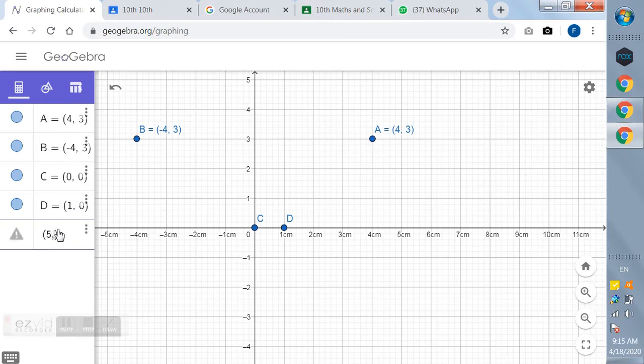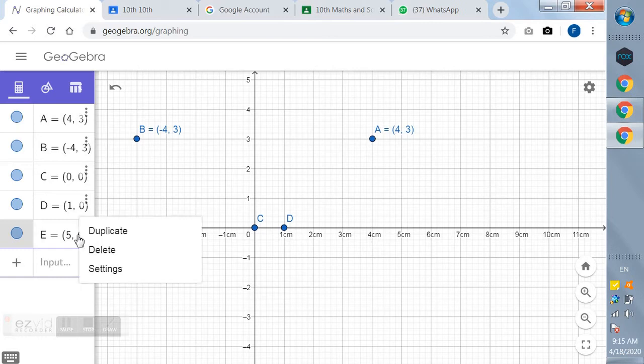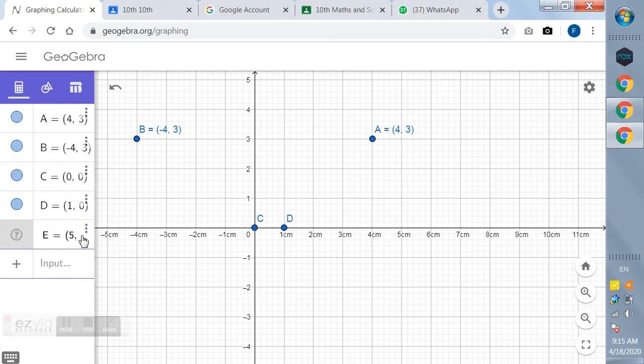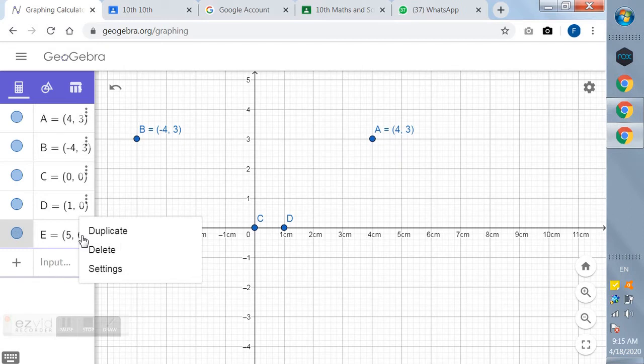Now, presuming I am plotting a point which makes a mark of 5 on the x-axis and 6 on the y-axis, where will that point be? So E is (5, 6). Okay, 6 is not here, so we'll have to either enlarge it or rather take a lower value.